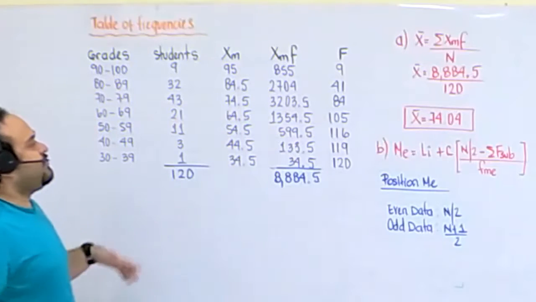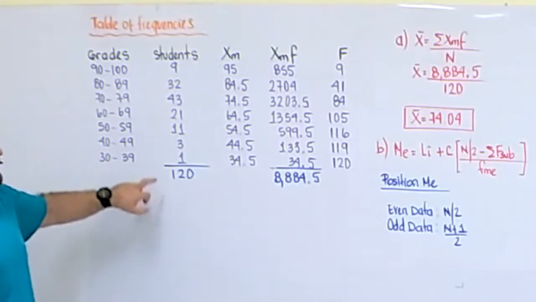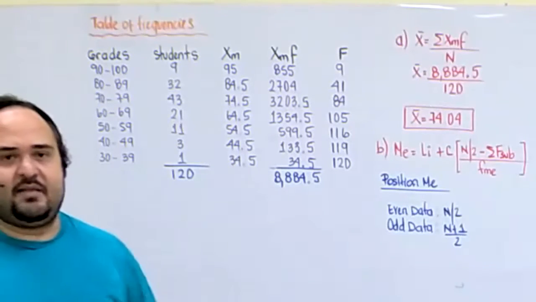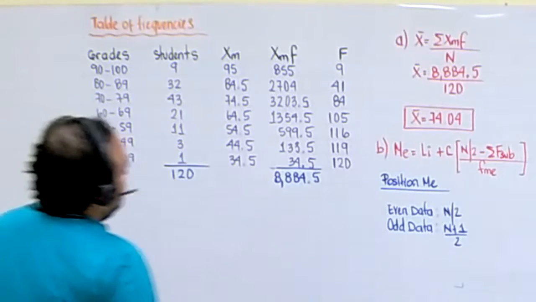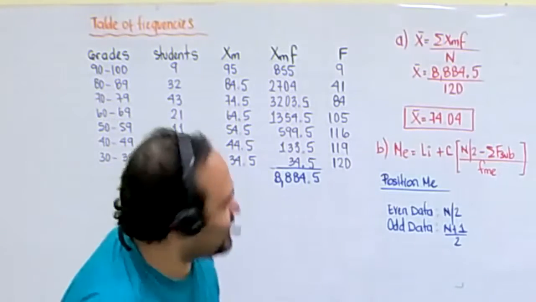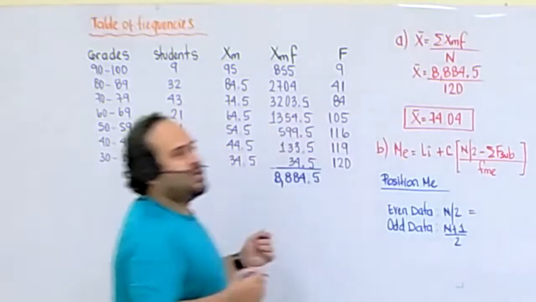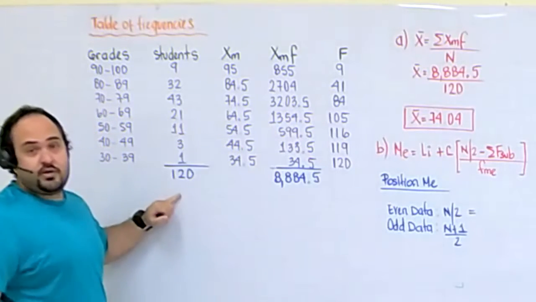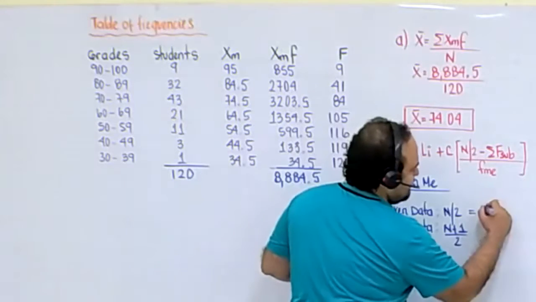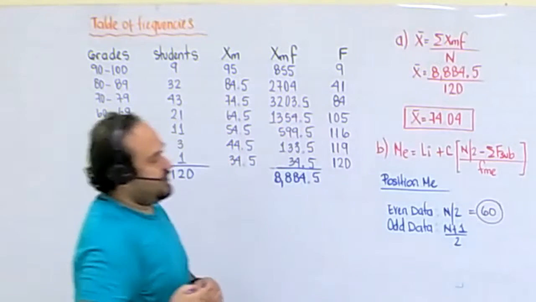Okay? As you can see, my dear students, we have 120 students. What does that mean? That means that we have even data. For that reason, the position of the median in this situation will be the number 60, because 120 divided by 2 is 60. All right, this is going to be the position.